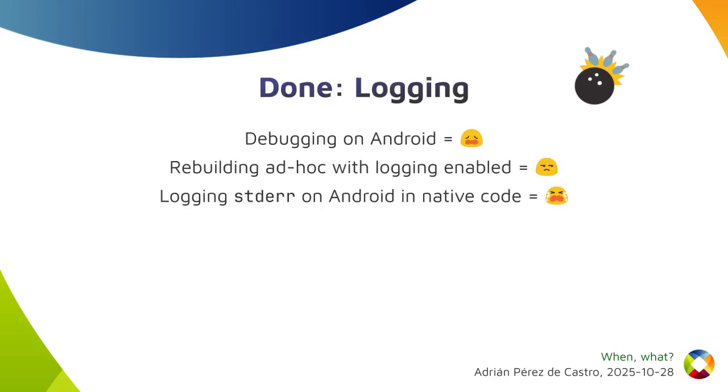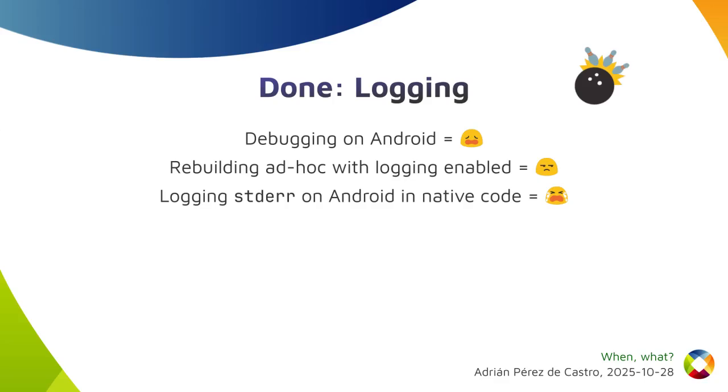And then the next thing we should have done was work on logging, because debugging on Android is not a fun task. To begin with, a release build on Android would by default use the standard error logger, which is not enabled in normal builds.